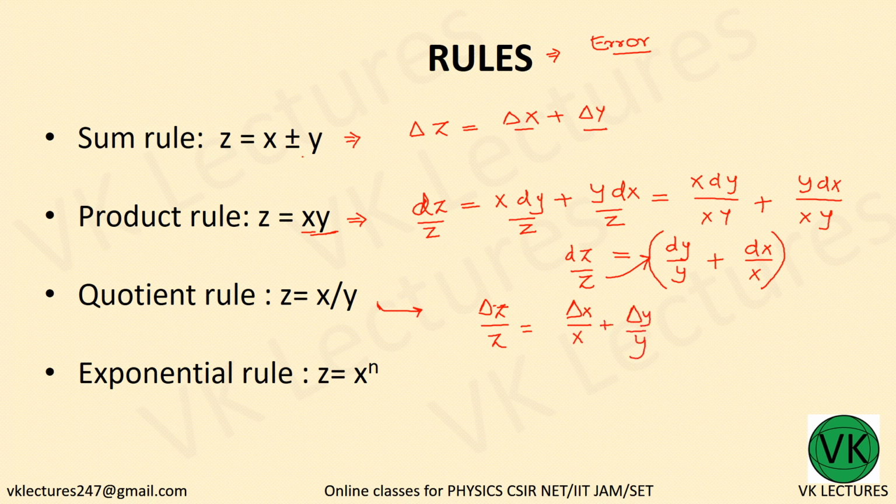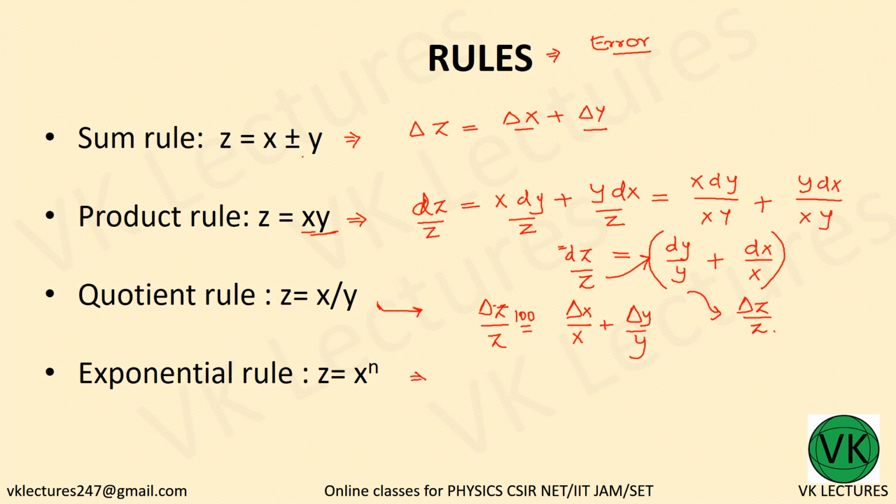If they are asking the percentage, just multiply by 100. Here also it is the same. Instead of d, just put delta z by z. d is nothing but a small change in z, or error, percentage error in z.